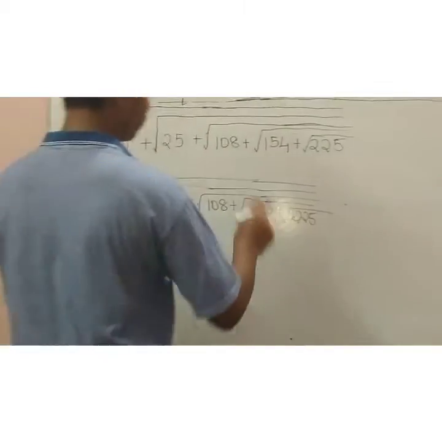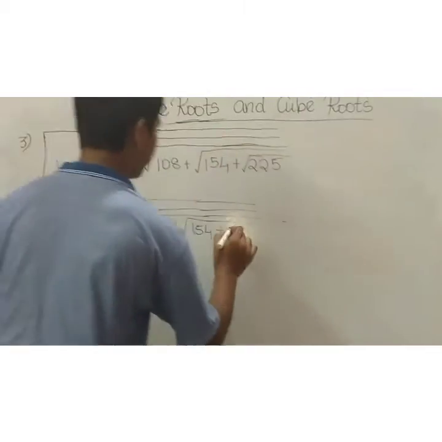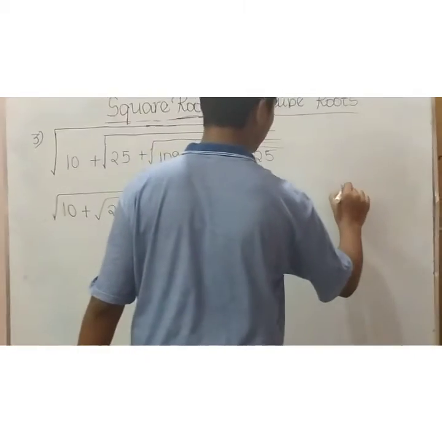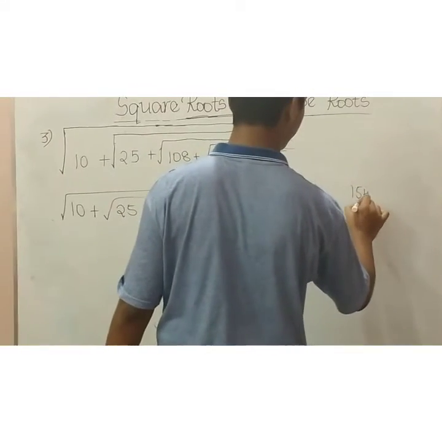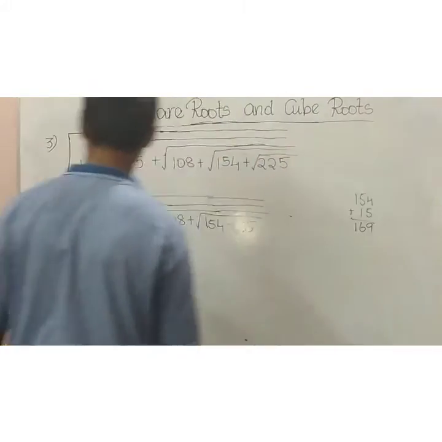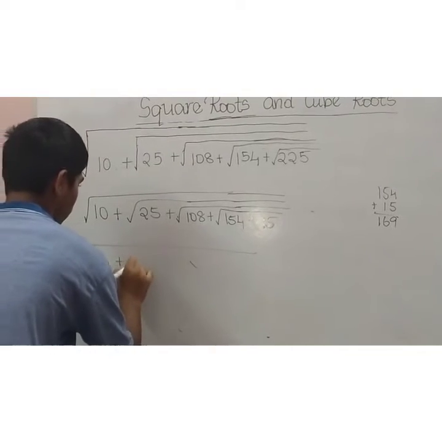The root of 225 is 15. Now we add 154 plus 15, which is 169.